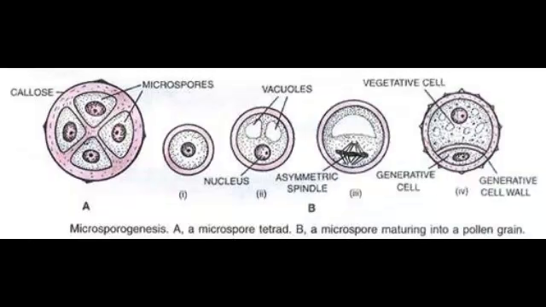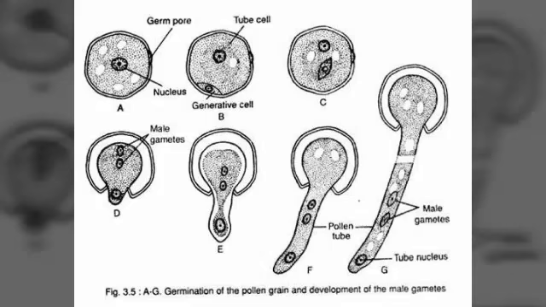So each pollen tube has two male gametes and one vegetative nucleus. The vegetative nucleus degenerates and the male nucleus fuses with the egg cell, and another nucleus also fuses in the ovule.